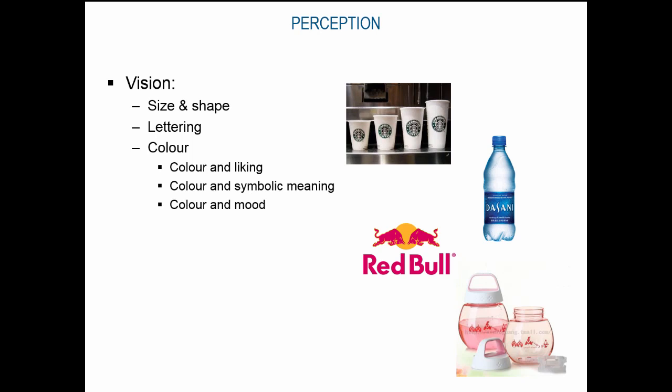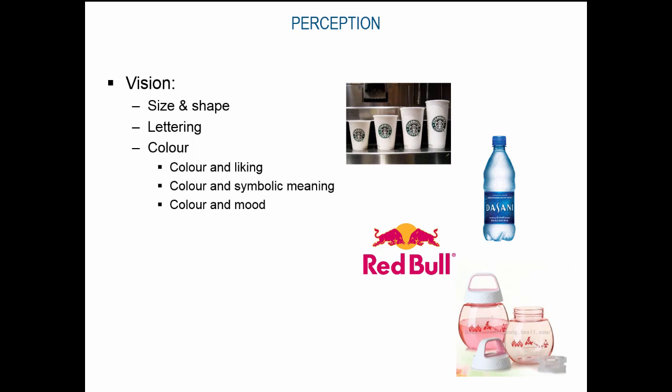But besides things like volume, shape can also be associated with certain meanings. For example, products or packages that have a round shape are perceived as cuter and sweeter than objects or packages that have elongated or angular shapes.